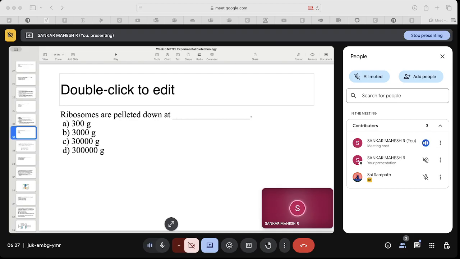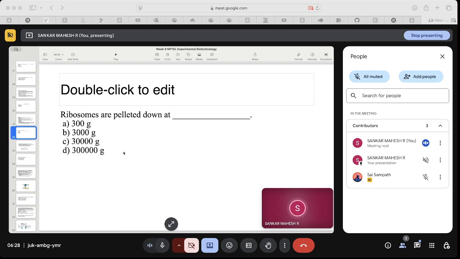RCF takes into account the force due to gravity. So you just need to multiply it by 9.8. I think in all the centrifuges that people use, they have this conversion.